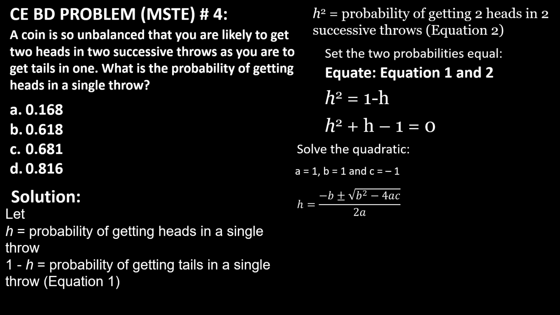Let us now substitute the values of a, b, and c. After the substitution, we have h equals negative 1 plus or minus square root of 1 squared minus 4 times 1 times negative 1, all over 2 times 1.